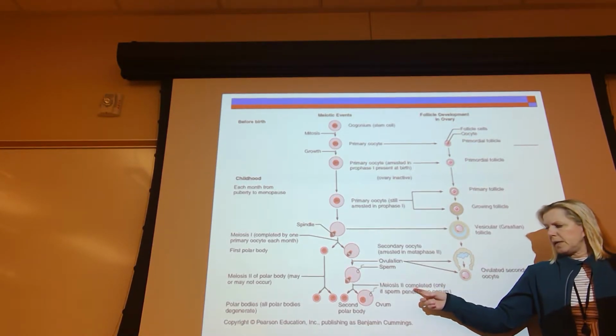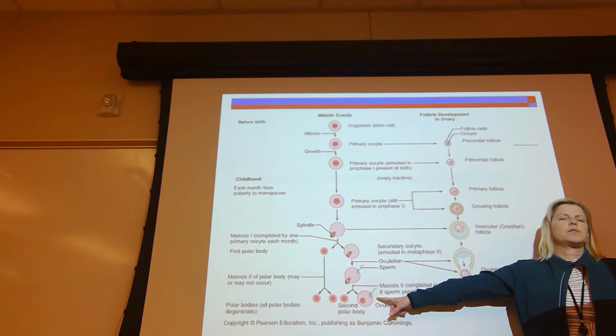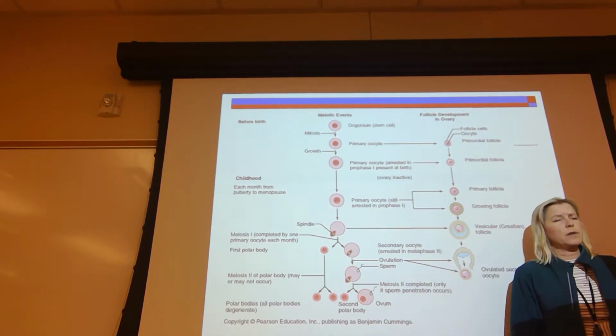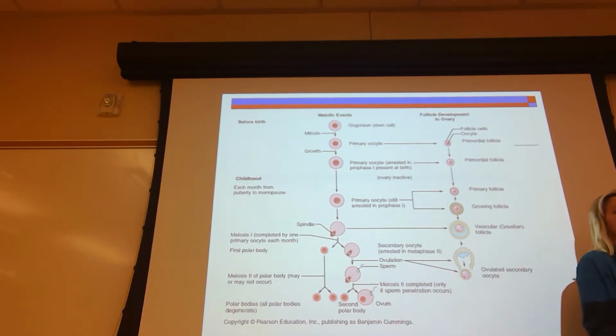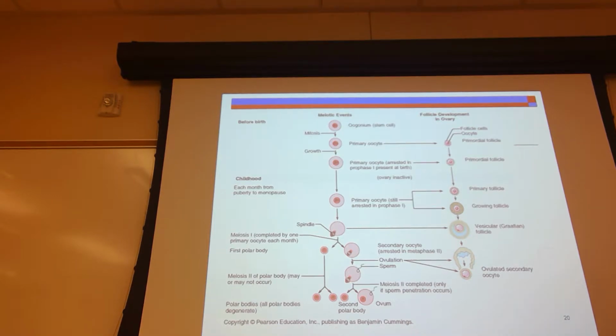Meiosis 2 will be completed only if there is fertilization, which is actually very precarious. That's the reason why, ladies, if you wait until much later in life to have or start a family, your oocytes are as old as you are, even older, because they were made before you were born.